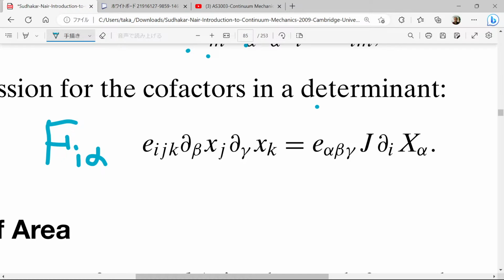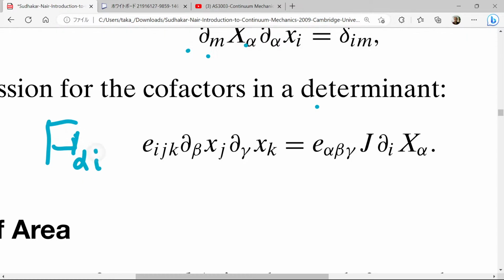So this is different. F alpha I cofactor should be this. Makes sense?